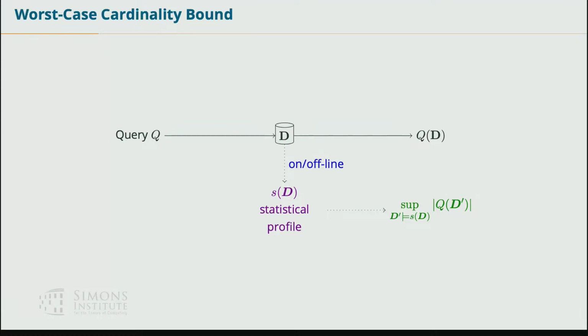So if we were to list all of the triangles in the graph, then this will be saying that, well, if I know the number of edges of the graph, can I get an estimate of the maximum number of triangles that we can get out of this query?